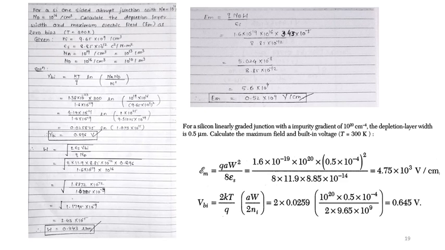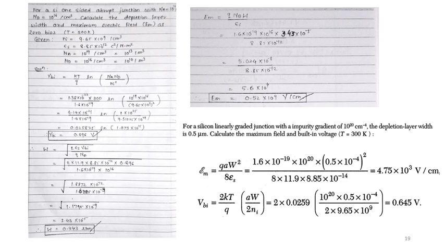Then for a silicon one-sided abrupt junction, the Na and Nd values and the permittivity of free space are given. First we calculate the built-in potential using the formula KT by Q ln (Na Nd by Ni square), putting in each value and solving step by step in the notebook. Then VBI is equal to 0.96.